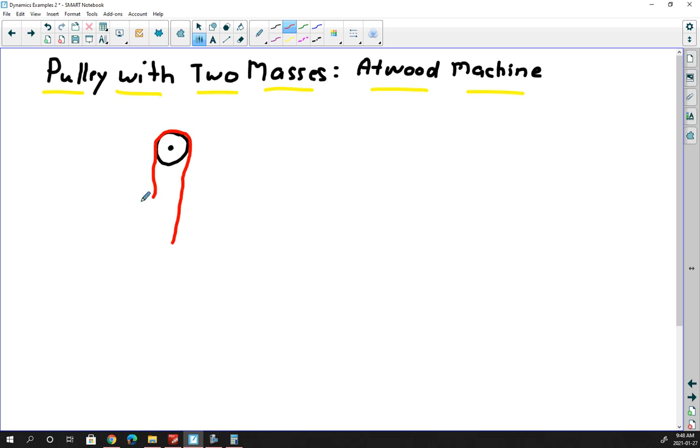And hanging off one string is mass number 1, and hanging off the other string is mass number 2. Now, just for the sake of simplicity here, we're going to say there's no friction, and that the mass of the second object is greater than the mass of the first object.